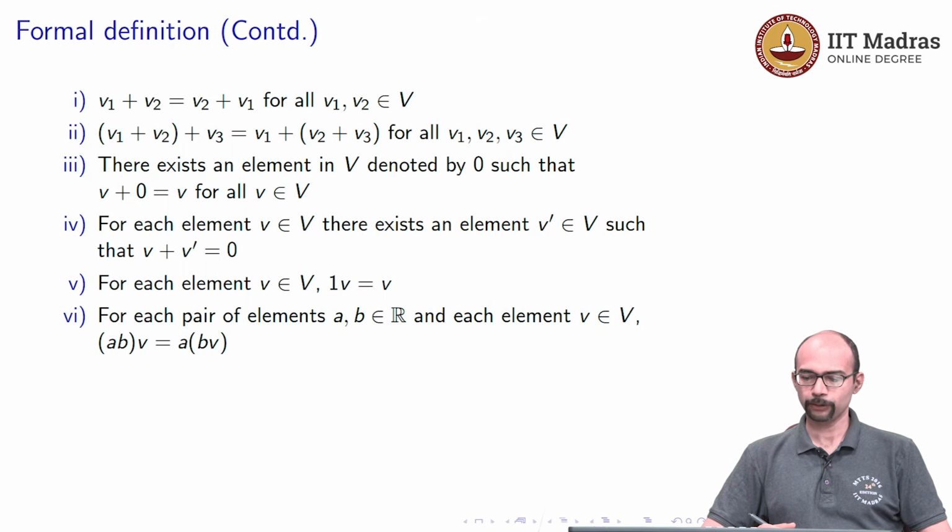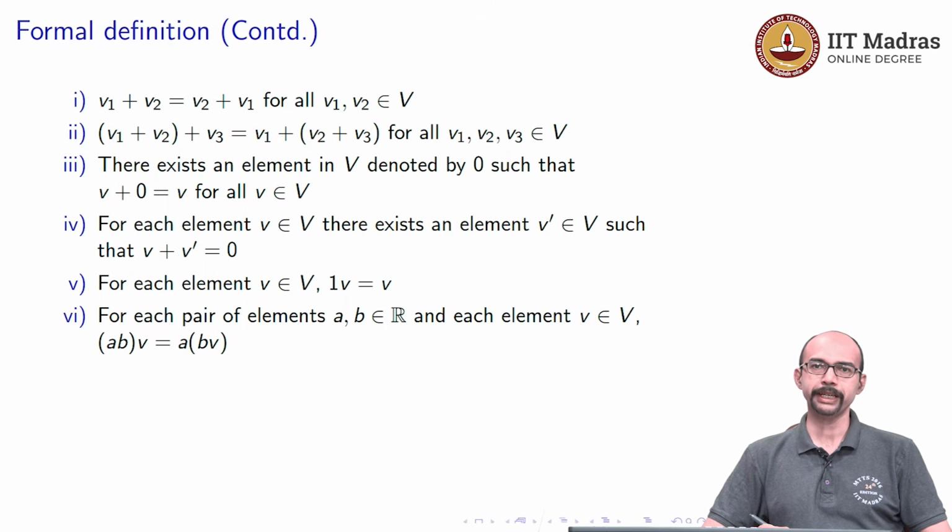Then again, if you have two real numbers A and B, and you choose to multiply them to a vector V, we can do it in two possible ways. We could first multiply A and B, that is multiplication in the real numbers, and then scalar multiply the product to V, that is the left hand side of this expression.